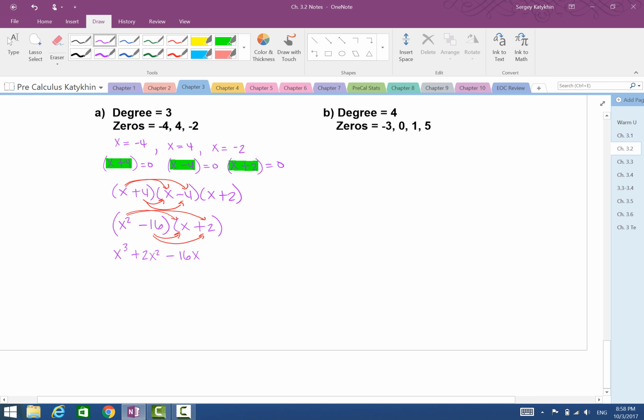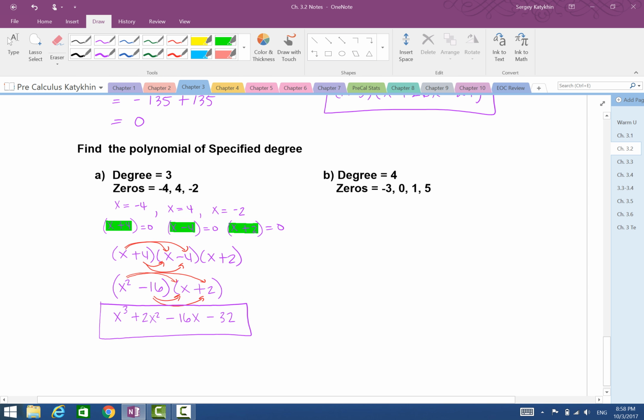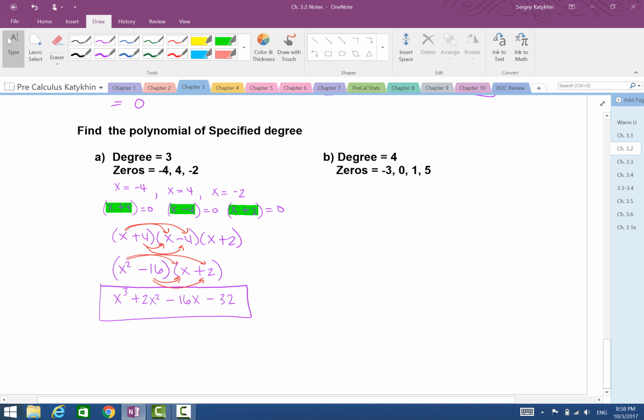And -16 times 2 gives me -32. And because I can't combine any like terms, that is going to be my complete answer. That is my polynomial that has a degree of 3 and has those zeros, which is -4, 4, and -2.